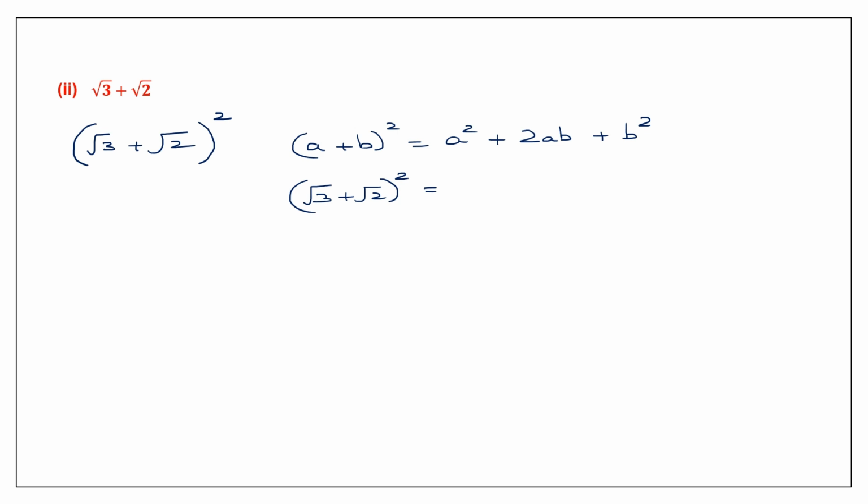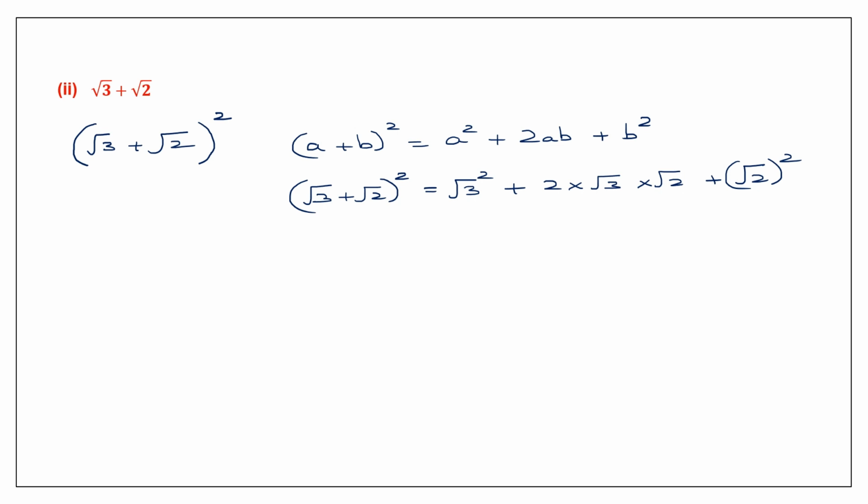So now let's simplify it. A square means root 3 the whole square plus 2ab is 2 into a, which is root 3, into b, which is root 2, plus b square, which is root 2 the whole square.